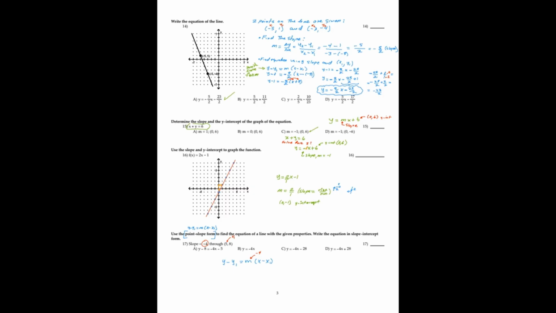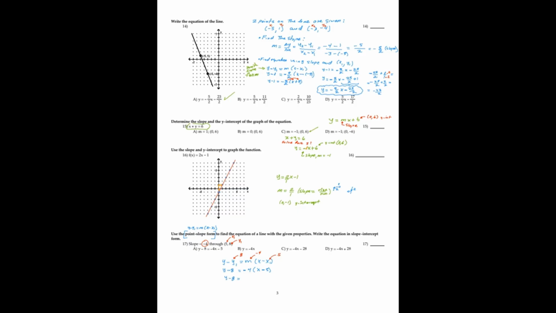So we'll be substituting this number by 8, and I will be substituting this one by 5. So I can say that this is now y minus 8 equals negative 4 times x minus 5.